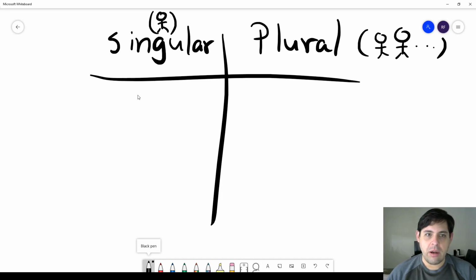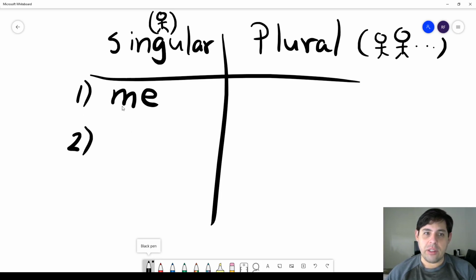Okay? So for object pronouns, the first person, when I'm referring to, so when the action is affecting, okay, in this case, we're going to say me. Okay? What about second person? Second person does not change. It's still going to be you.